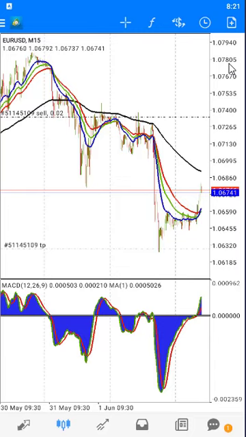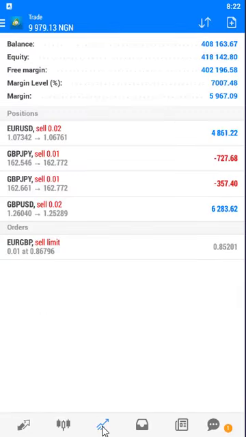1.07805. So quickly, let me do this. 1.07805, right? So I'm using that as my stop loss, minus this entry price, 1.07342. So that means I'm using a stop loss of somewhere around 46 pips.